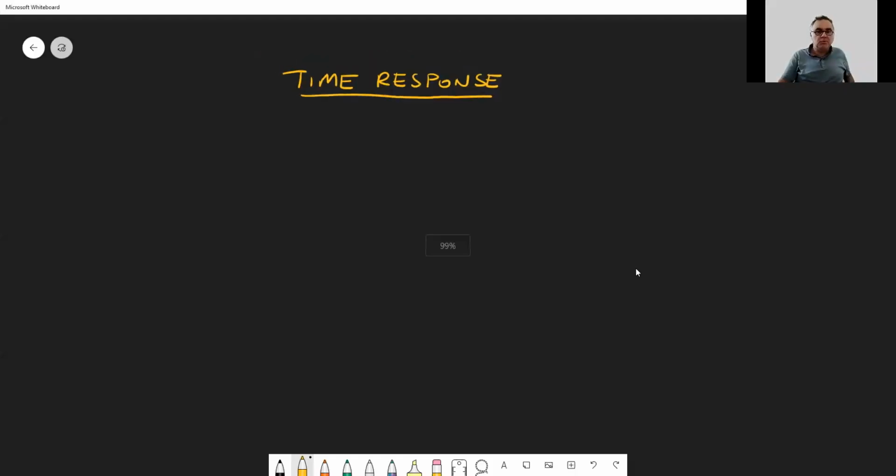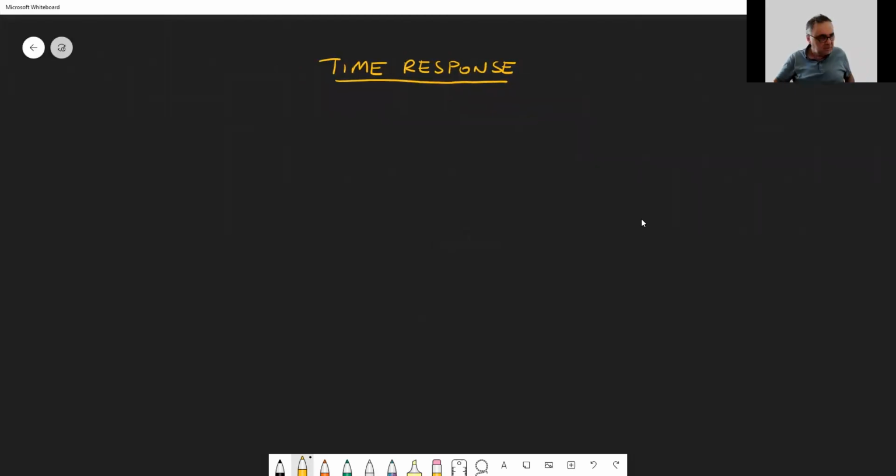Okay, so the topic is time response. What we mean by time response is the following. We have a system described by a transfer function or something like that, that has an input and it has an output.